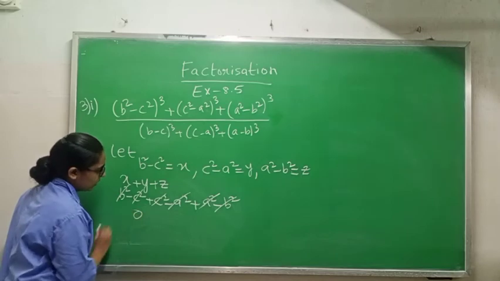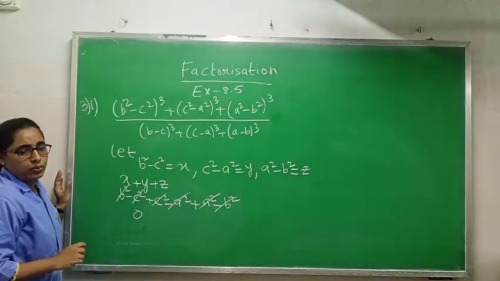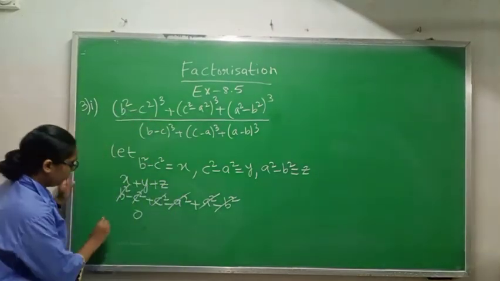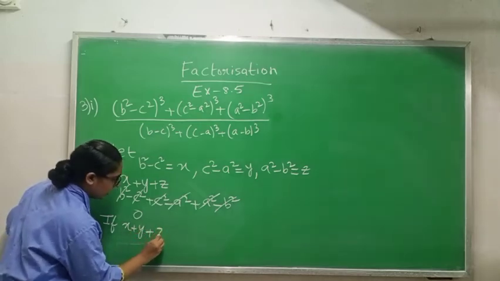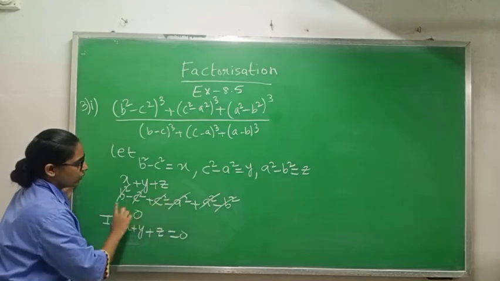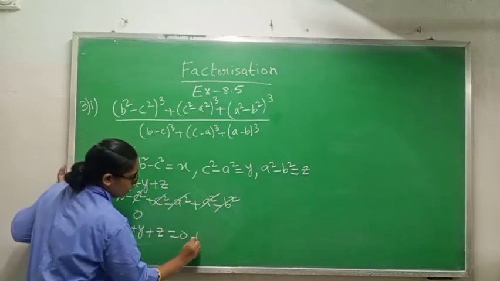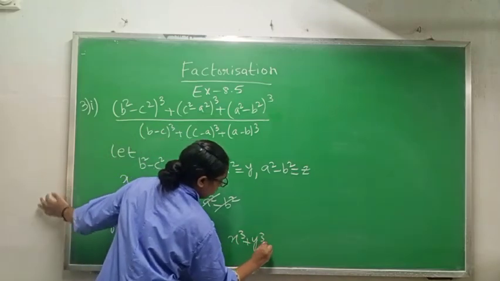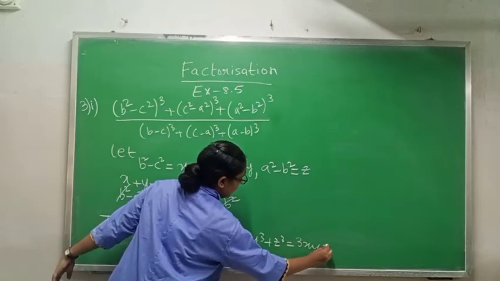You are getting 0. I told you in the second formula of exercise 8.4 that if x plus y plus z equals 0, then x³ plus y³ plus z³ equals 3xyz.